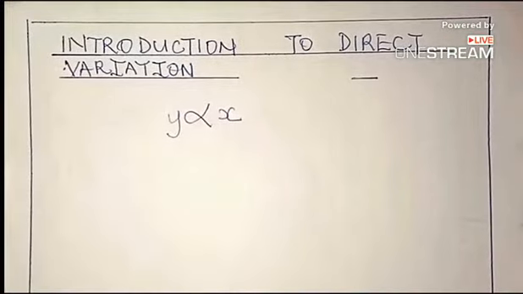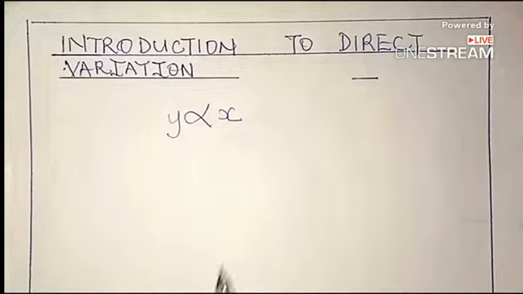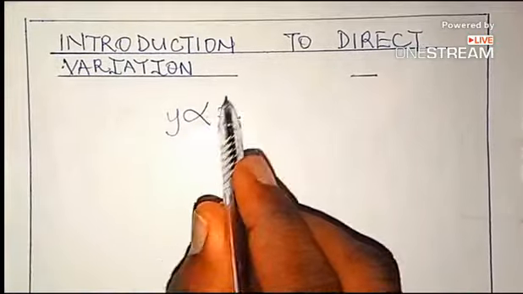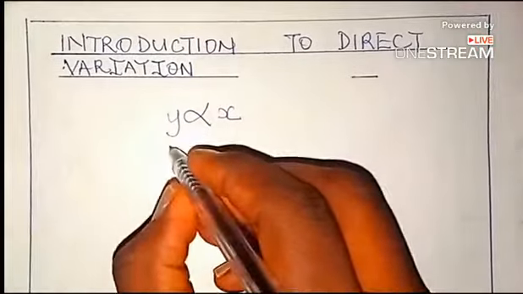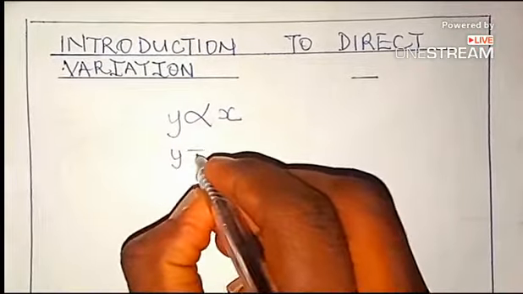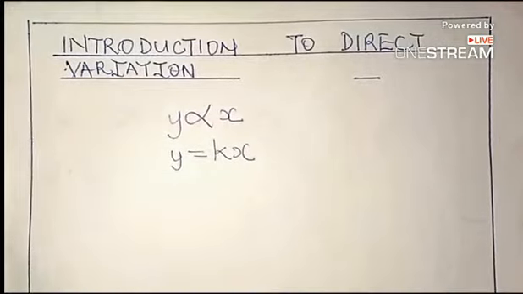Here y can be said to be the dependent variable, because it depends on the value of x to make y increase. So when we remove the variation sign, it forms a constant of proportionality, which is y = kx.